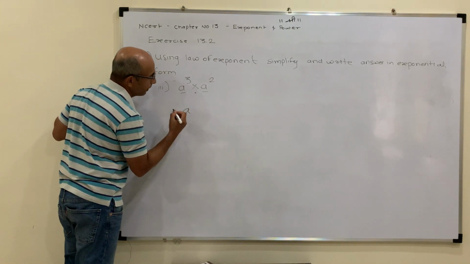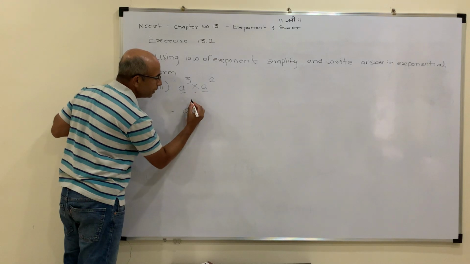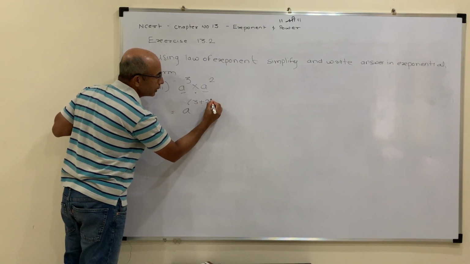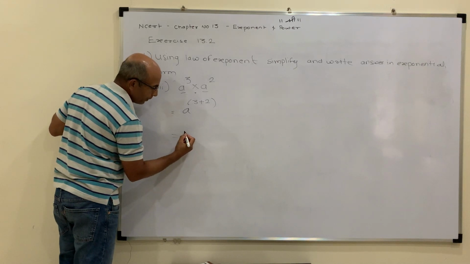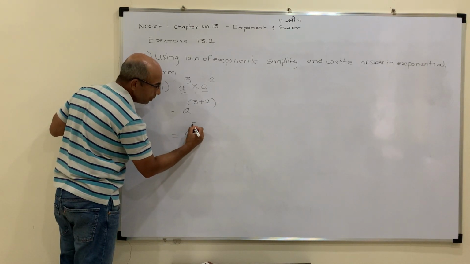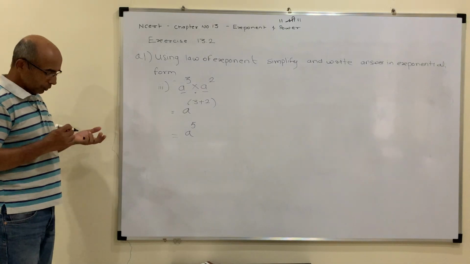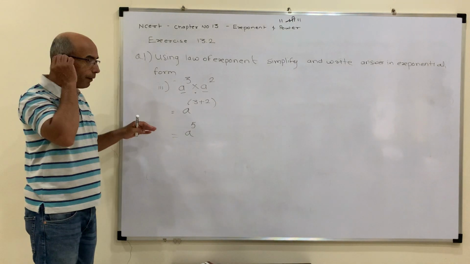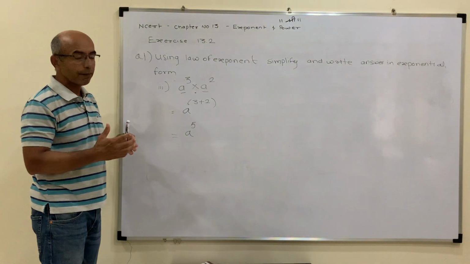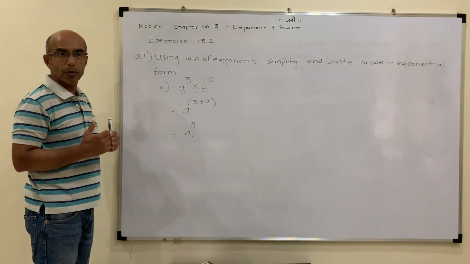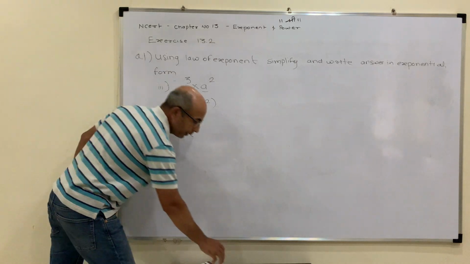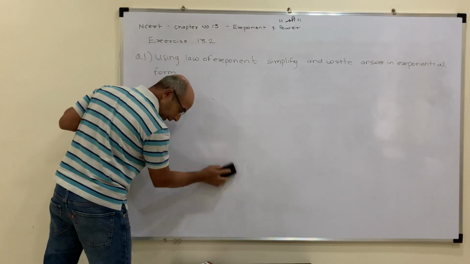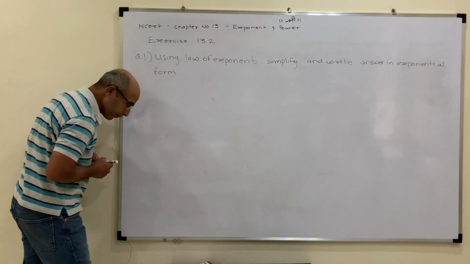In case of multiplication, when base is same, add powers. So a raised to 3 plus 2, that is a raised to 5. If you find that I am going a little fast, then you can pause the video, you can play back and forth. So now I'll be solving the next question, that is the fourth one.